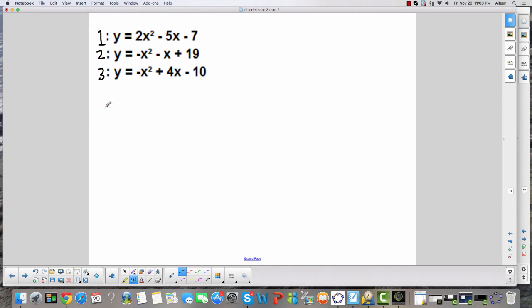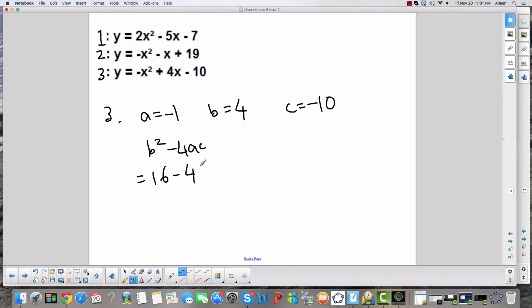The coefficient of x squared is negative 1, the coefficient of x is 4, and the constant is negative 10. So 16 minus 4 times negative 1 times negative 10. Lots of negatives to keep us on our toes. 4 times 1 times 10, that's 40.